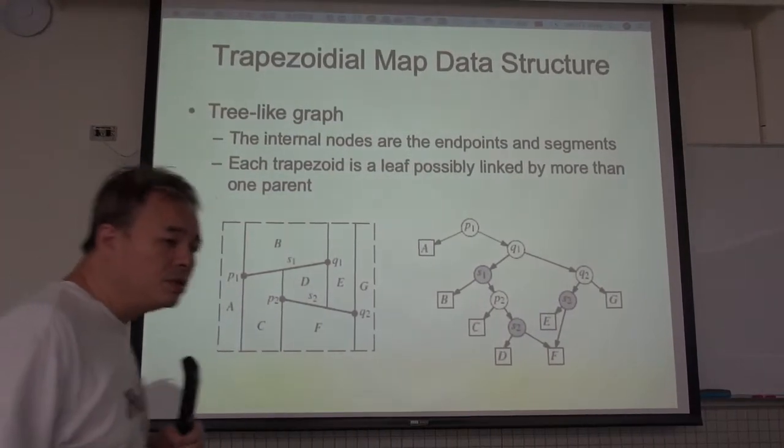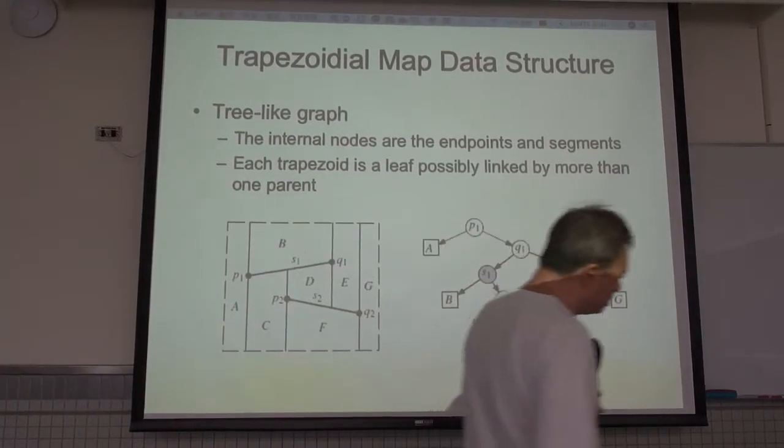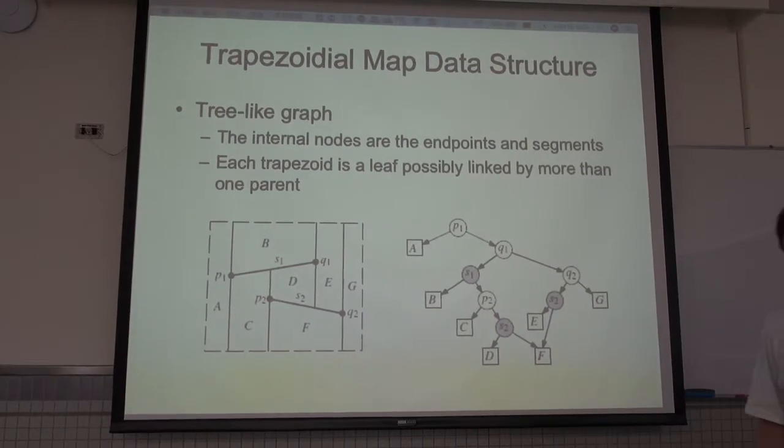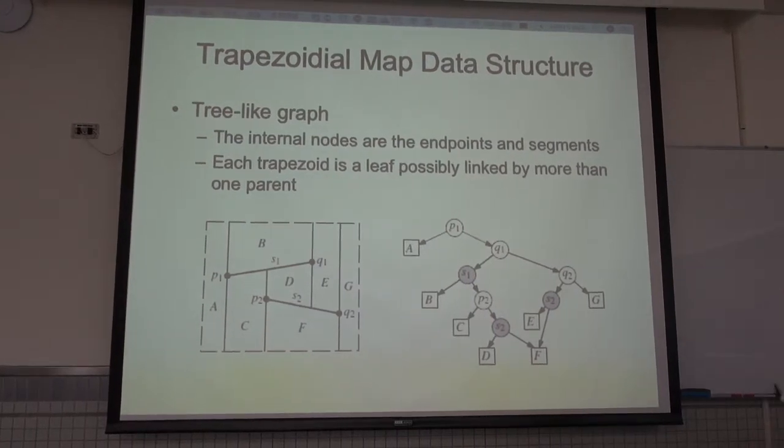So why do we need to have a trapezoidal map? Eventually, it is because it can be used for efficient search. So this is the result. For this trapezoidal map, this is the search structure we could maintain.